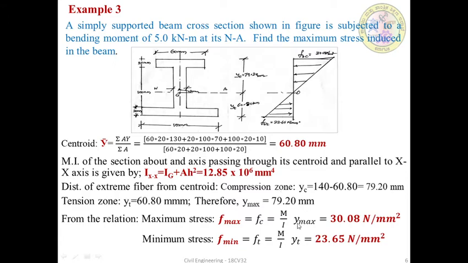The only changing variable is y. So after substituting the values, we got the maximum stress as 30.08 Newton per millimeter square and the minimum stress as 23.65 Newton per millimeter square.